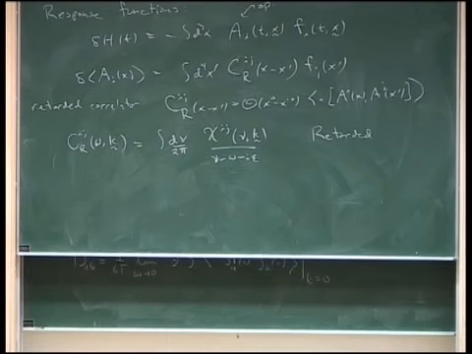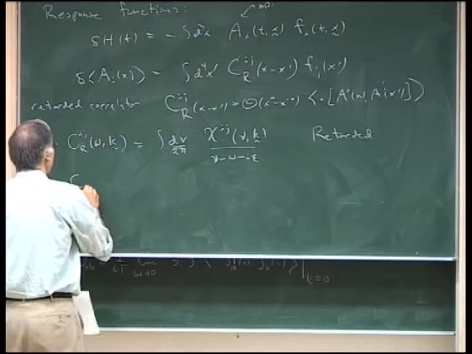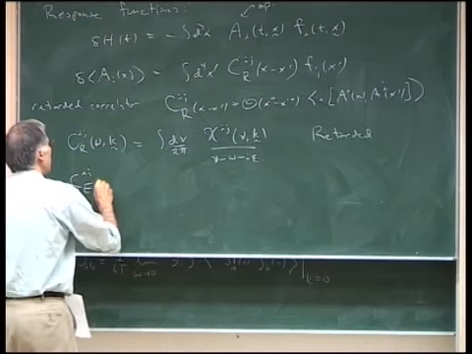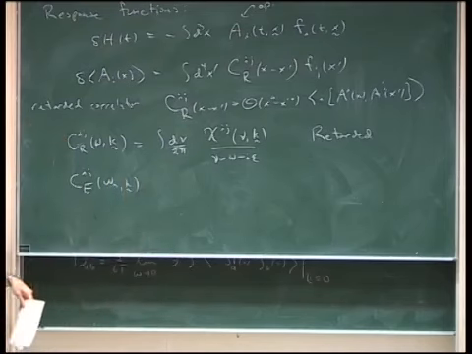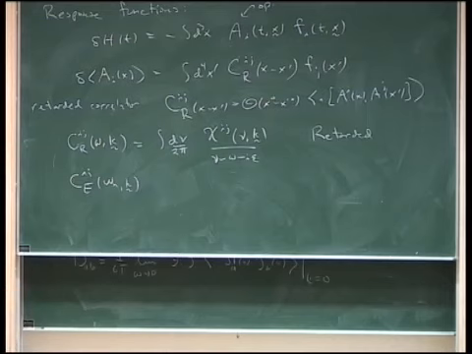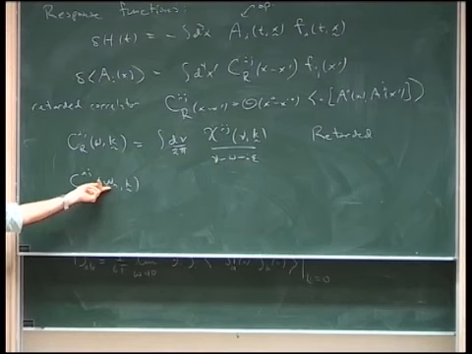contains the information that you need to reconstruct other two-point correlation functions, such as, for example, the Euclidean correlator, since at finite temperature the Euclidean time variable is periodic, as we've seen.